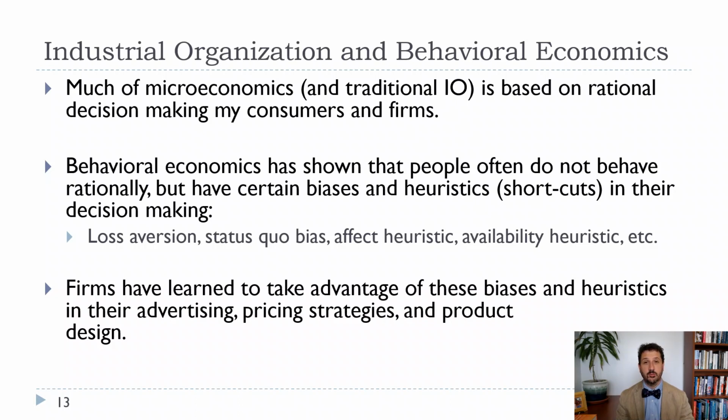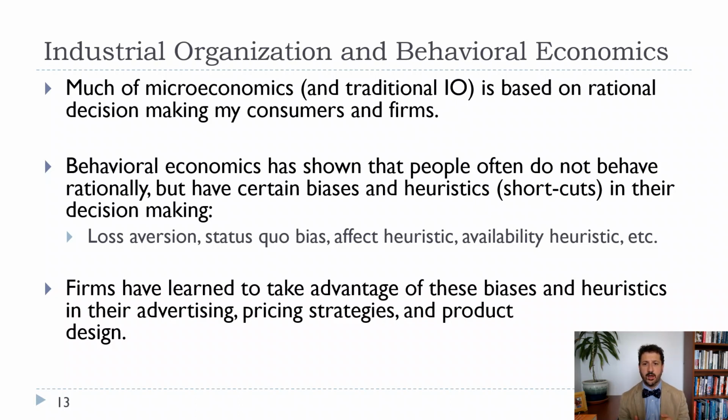When we introduce some level of irrationality, then coming up with a tractable solution, some actual answer, can be much more difficult. But starting in the 1970s, psychologists like Kahneman and Tversky began showing us that people do not behave rationally, and we've seen a lot of evidence for that on the consumer side, and some evidence for that on the business side.